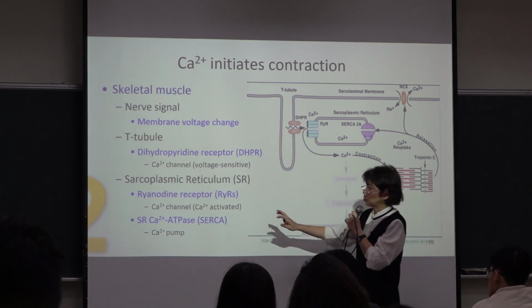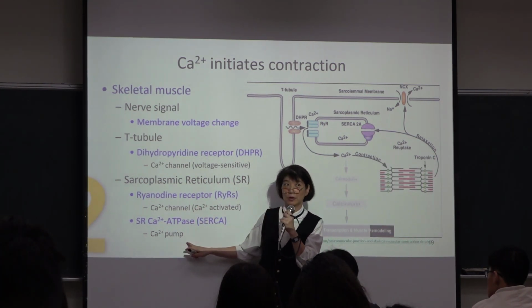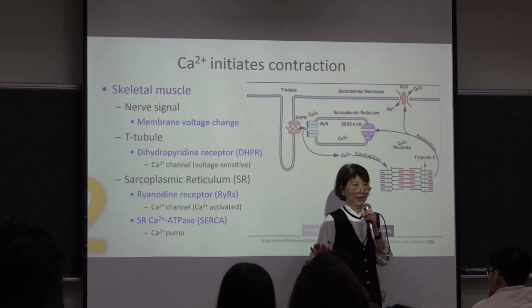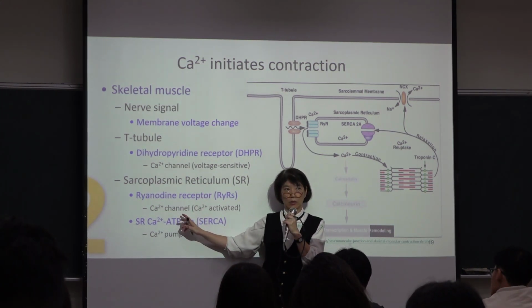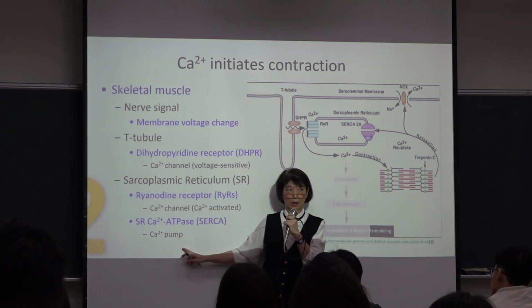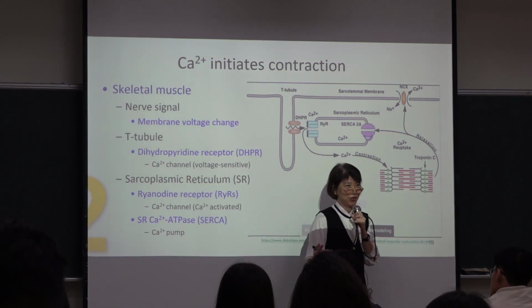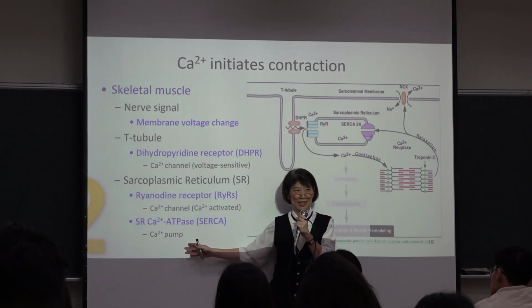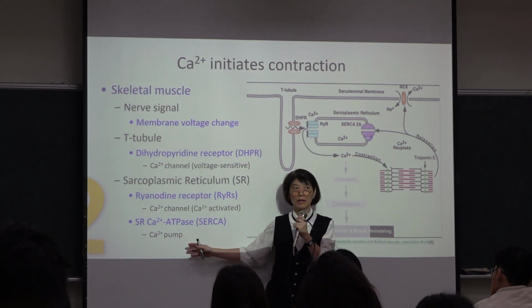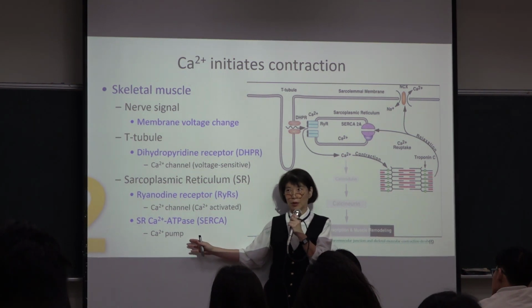What's the difference between calcium channel and calcium pump? What's the difference between these two? Calcium channel and calcium pump. Energy. What kind of energy? ATP. It uses ATP to do what? Transportation. Transport calcium.